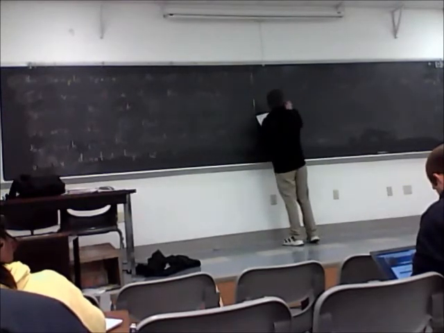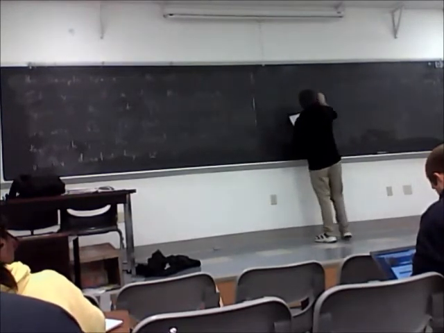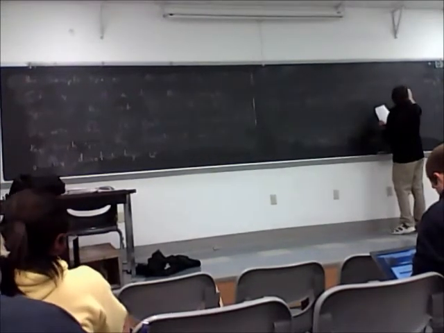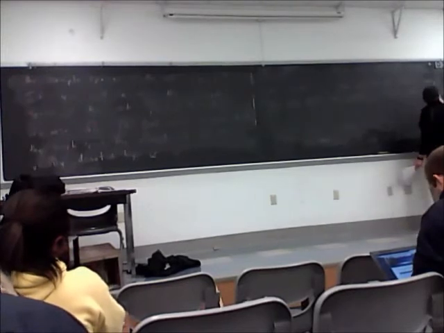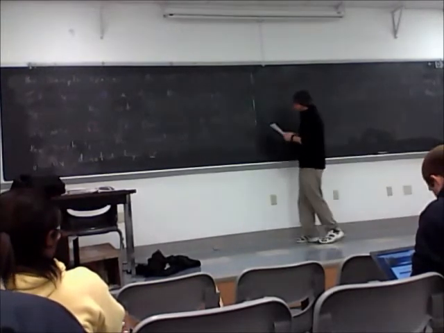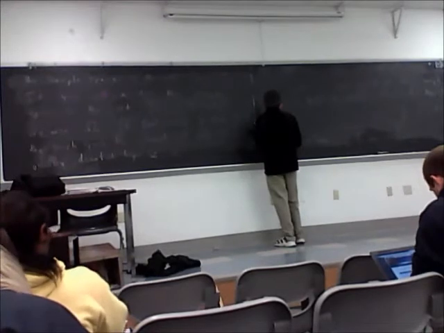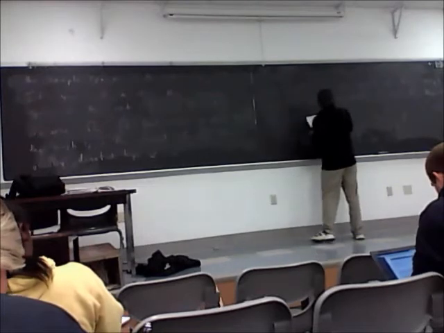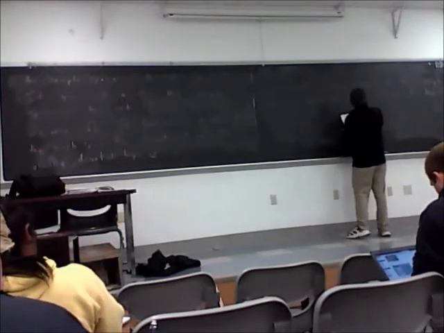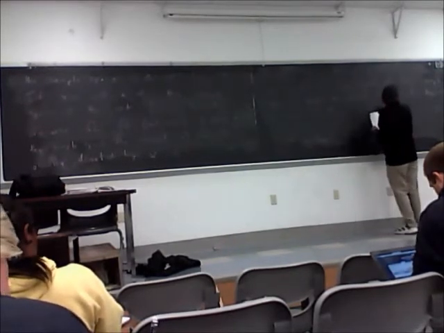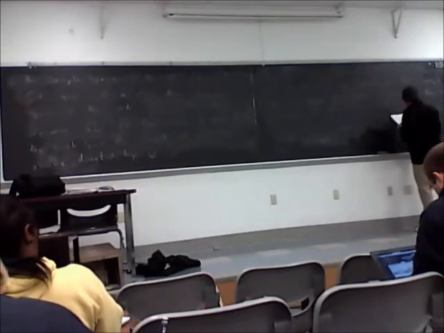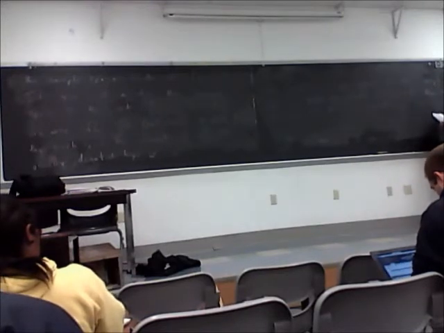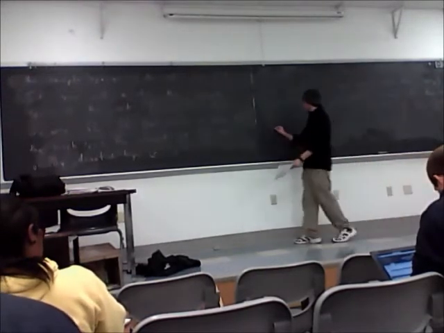So we say that an event occurs if the outcome of the experiment is an element of that event.